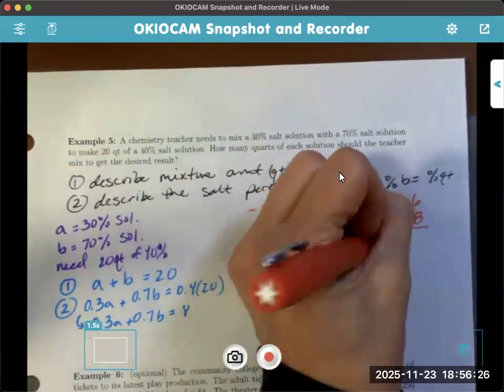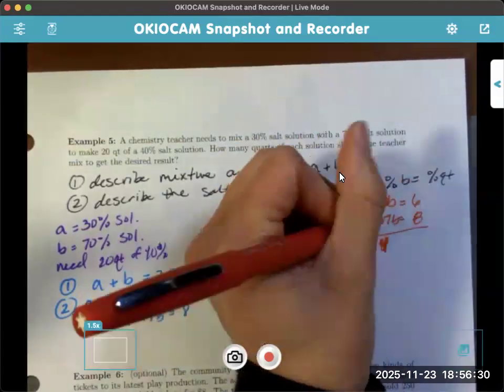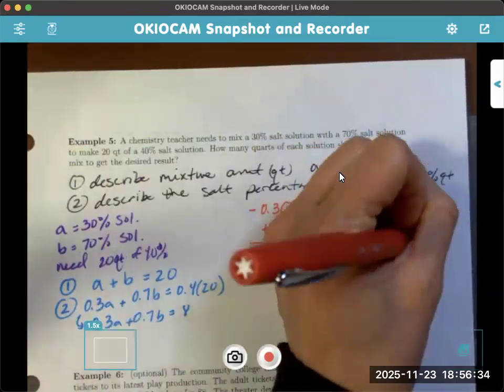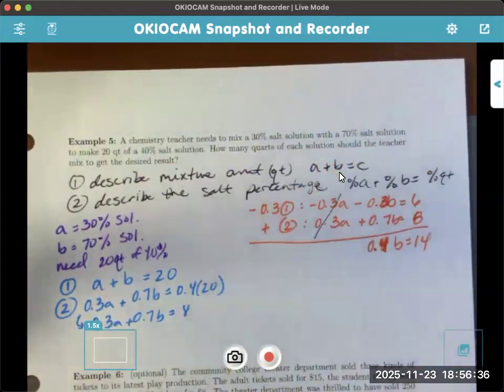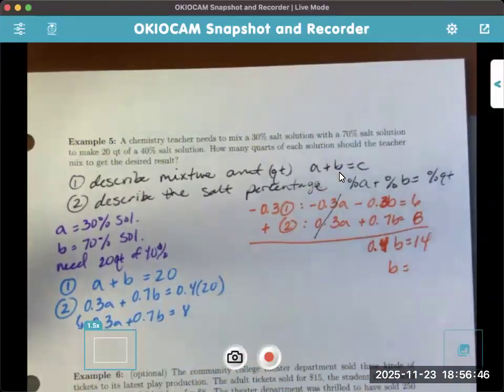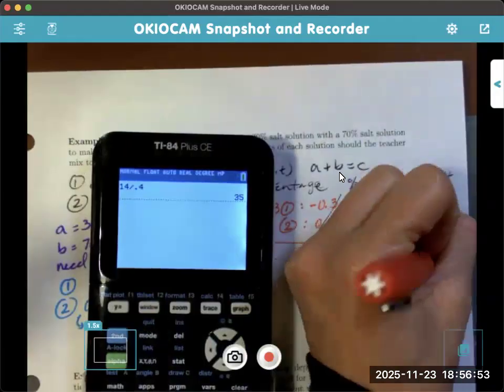And then this is just 0.4B because 7 minus 3 is 0.4B, and that is equal to 14. Let me just check that my brain is working. Yes. All right, so then to get B, we just divide by the 0.4. 14 divided by 0.4 is 35.